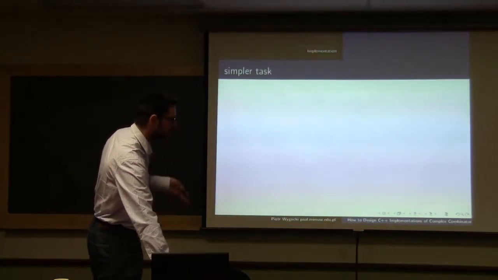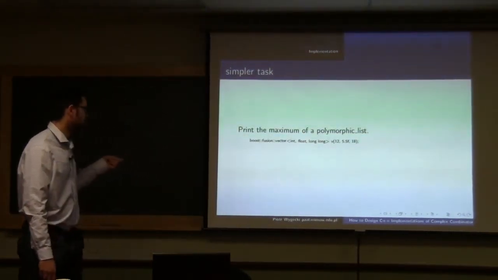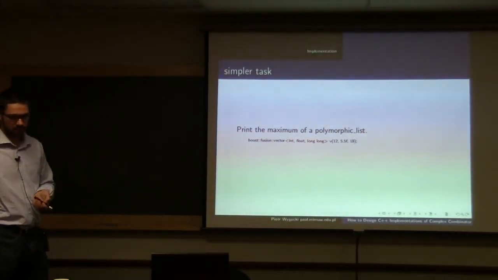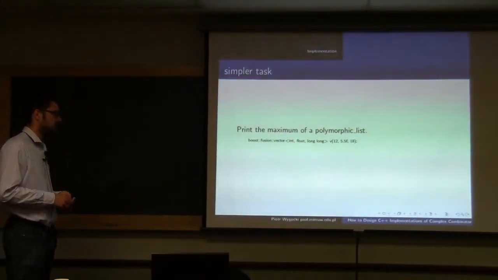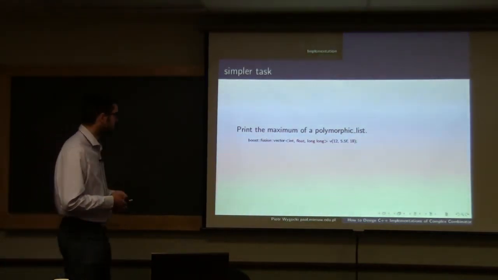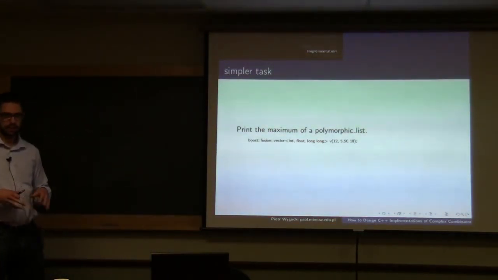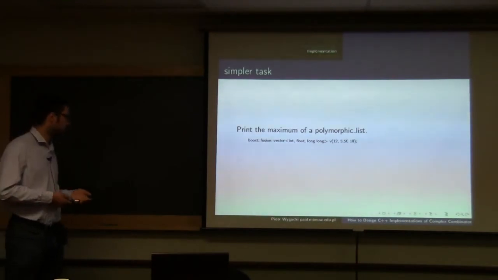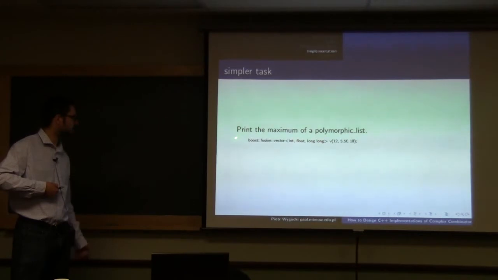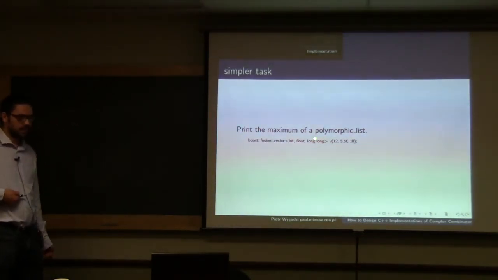So in order to do that, we are going to focus on a much simpler task. We are going to print the maximum of a polymorphic list. Although this looks like a much simpler task, it actually has all of the problems of the previous task. So if you were totally lost in this local search, this is a nice point to start listening again, because it's a totally independent problem.